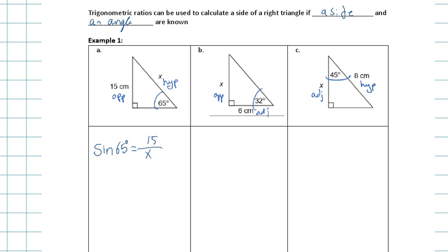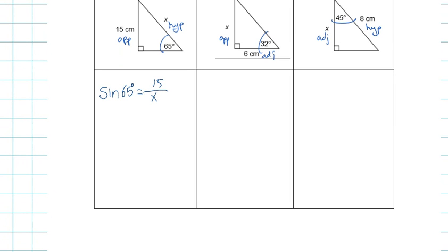What do you do? It should be cross multiplication. You cross multiply, and then after you cross multiply, what happens? Sine has a one as its denominator. So if I cross multiply here, what do I get?